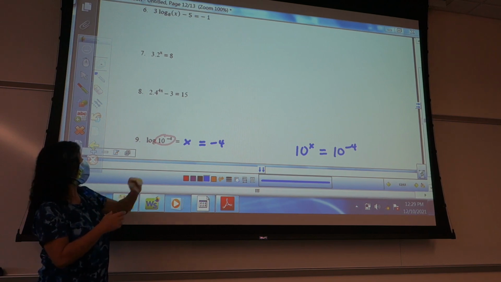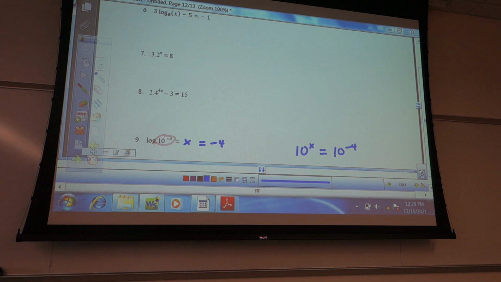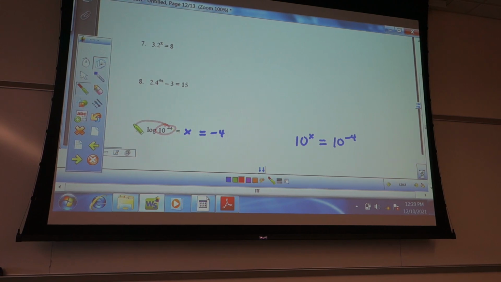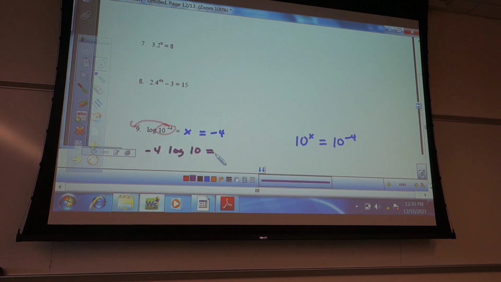Now, if you want, you could first rewrite this and say, anytime I have an exponent up there, I can move this in the front. So I could say -4 log 10 equals, you could do it that way, right?